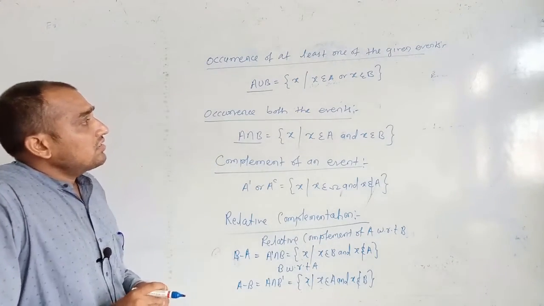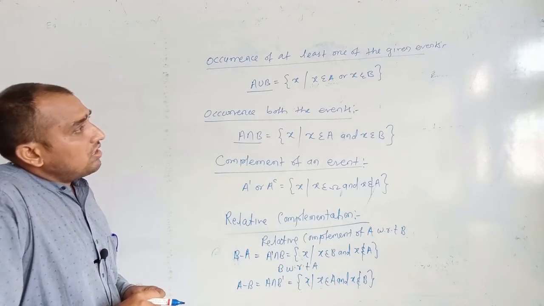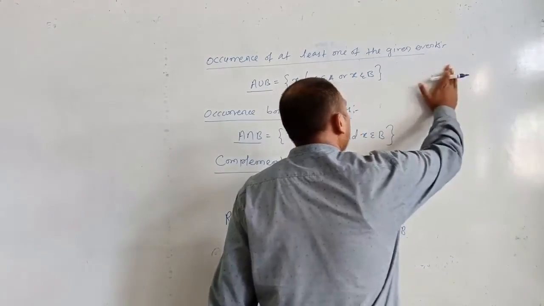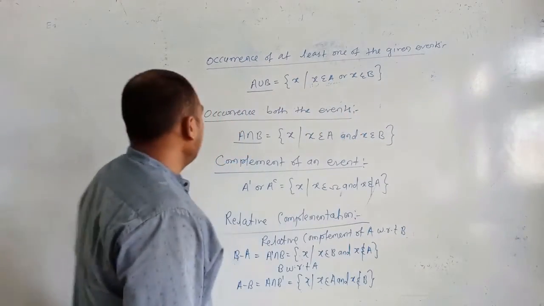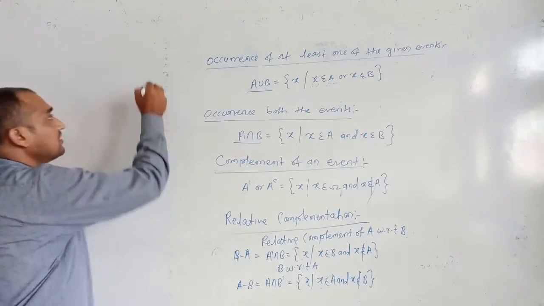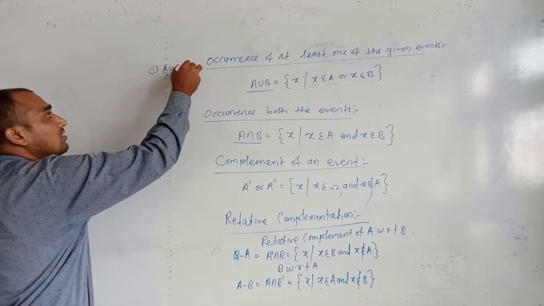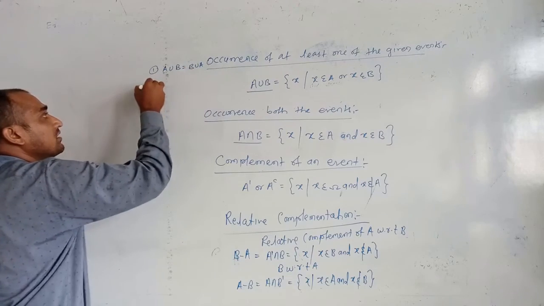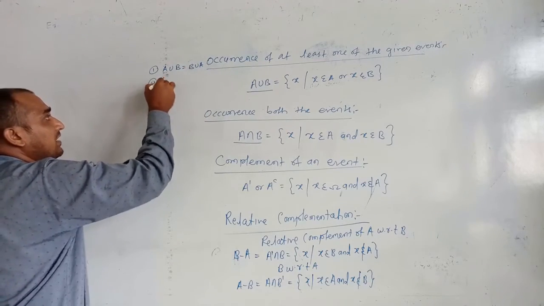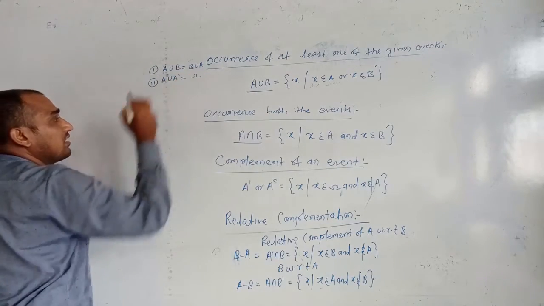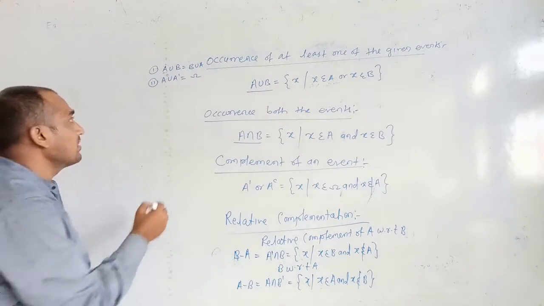There are some important terms related with union and intersection. First is, A union B is always B union A. Second is, if I take A union with A dash, I always get the sample space.